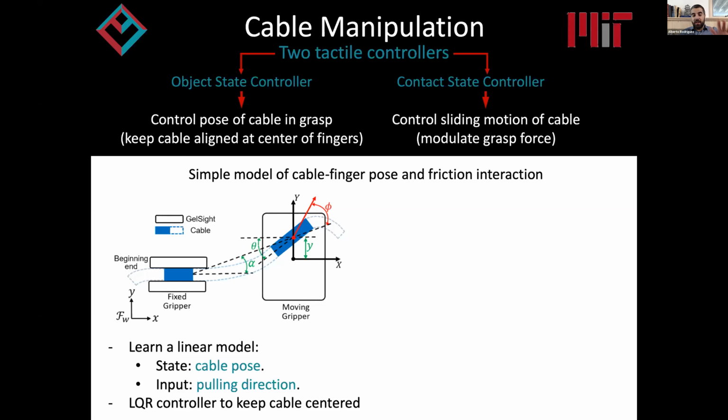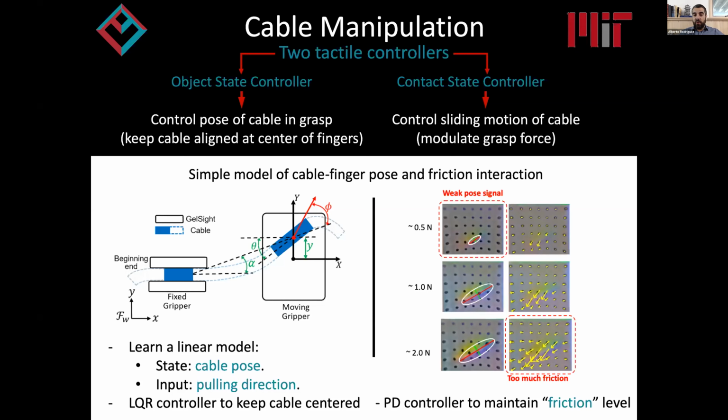We need a model like this, and we need feedback on where the object is, where the cable is in this case. And then on the right-hand side, the contact state controller, which controls the gripping force between the gripper and the cable, is tasked with making sure that the gripping force is large enough so that we get a useful tactile imprint to estimate where the object is.